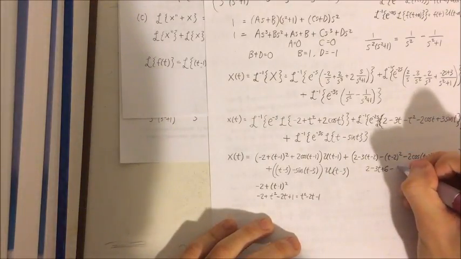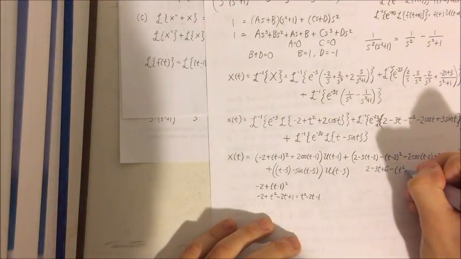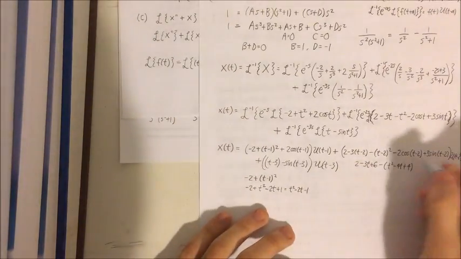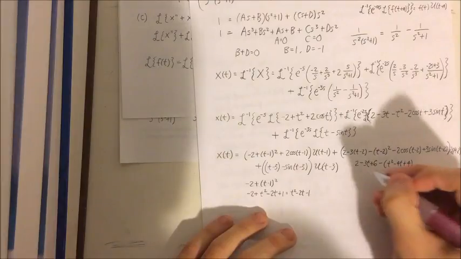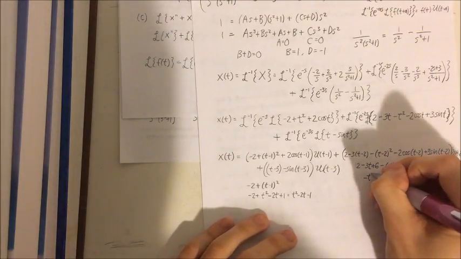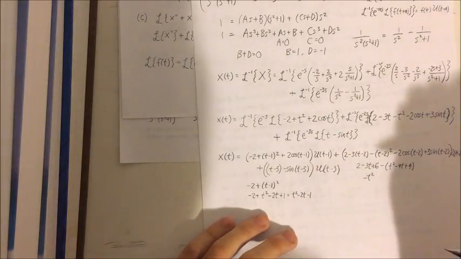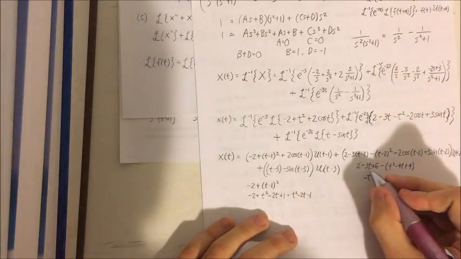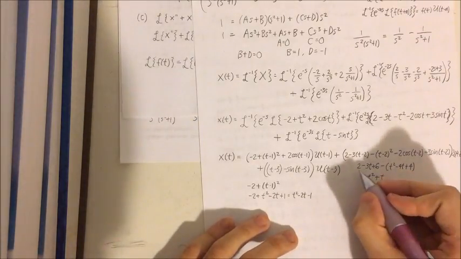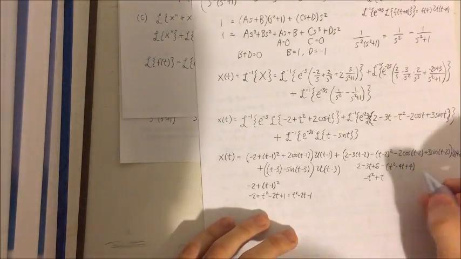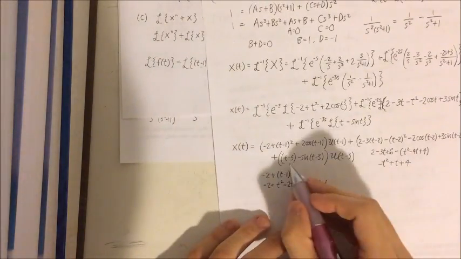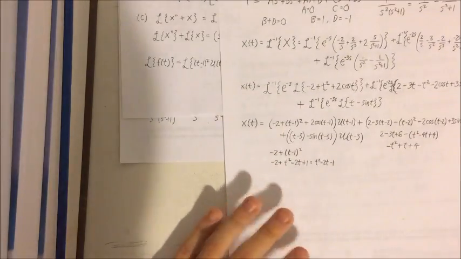Then this is going to be negative t squared minus 4t plus t. Over here, you can't simplify this part. So we're going to have a negative t squared. Then this is going to be plus 4t and then minus 3t, so it's just going to be plus t. And this is going to be 2 plus 6 is equal to 8 minus 4. So that's going to be plus 4. And that's good.